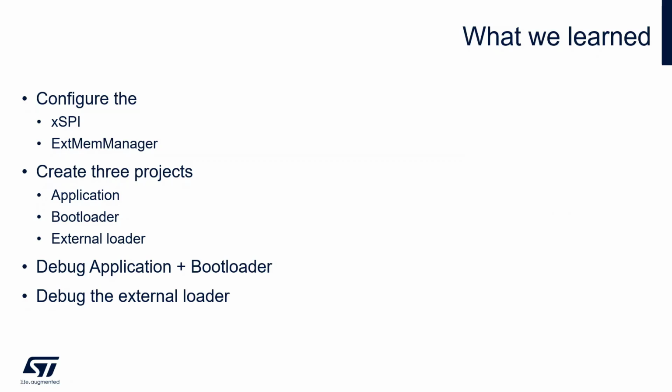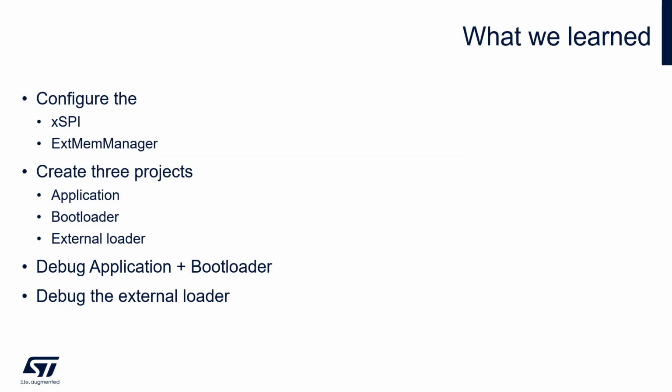Now, when you have already created the bootloader and the external loader, in case you want to create more different applications, you don't need to create the bootloader and the external loader again. You can use the ones which we already created, and you will only create new applications. So it will offload us.